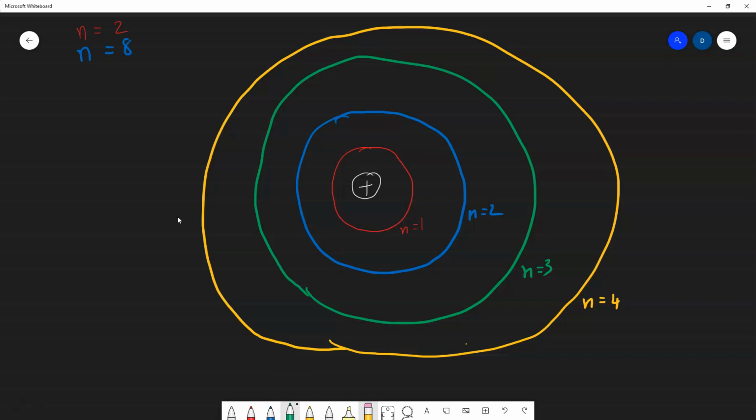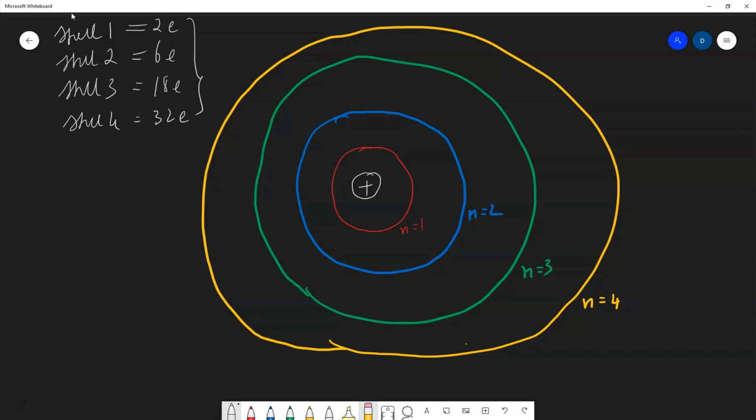Put it another way: shell 1 can have a maximum of 2 electrons. Shell 2 can have a maximum of 8 electrons, so you can write 8 followed by the letter e. And shell 3 can have a maximum of 18 electrons. And shell 4 can have a maximum of 32 electrons. These things to remember.